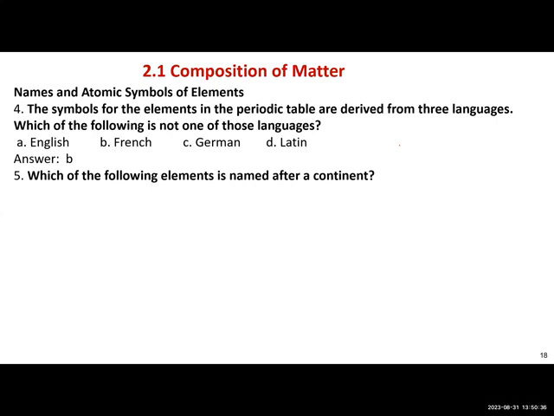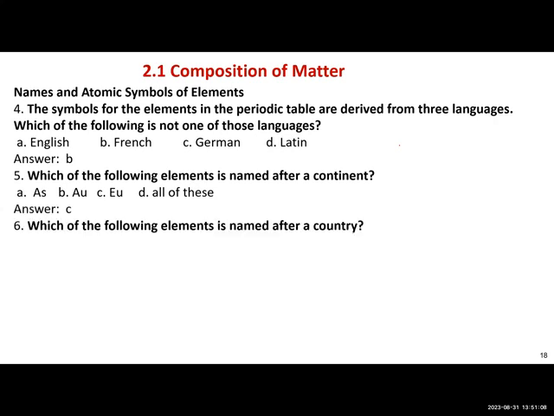Which of the following elements is named after a continent? Arsenic, gold, Au is gold. Gold is not a continent. Au is the atomic symbol for gold. Eu is Europe, Europa. That's the name of a continent.